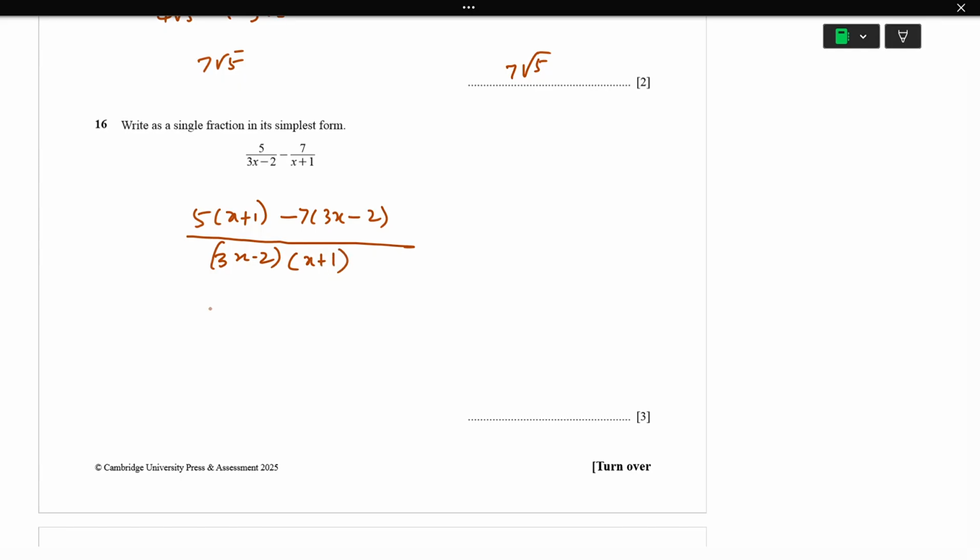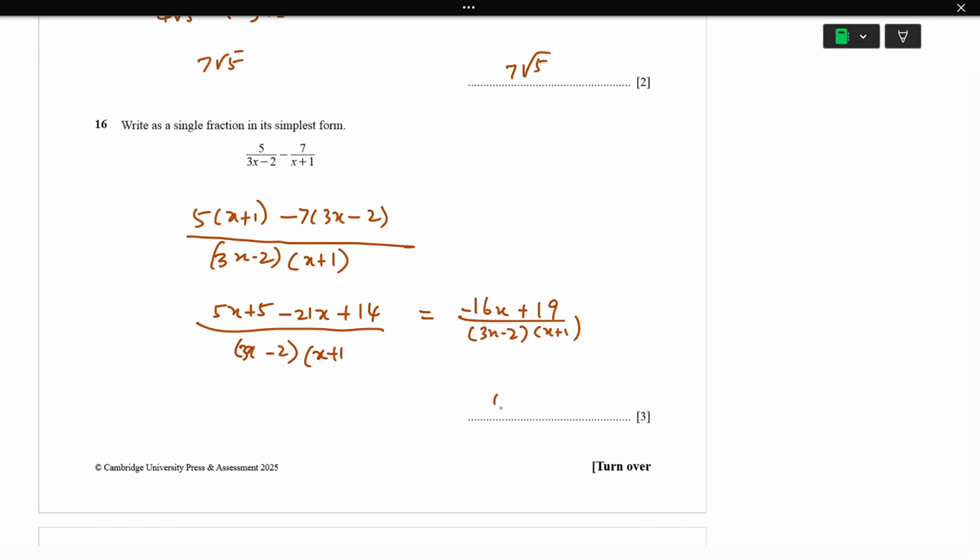We'll expand the numerator: 5x plus 5 minus 21x plus 14, over, since it says simplest form, no need to expand the denominator, so 3x minus 2 and x plus 1. The numerator is 5x minus 21x, which is minus 16x, plus 19, over 3x minus 2 times x plus 1. So the final answer I can write as 19 minus 16x over (3x minus 2)(x plus 1).